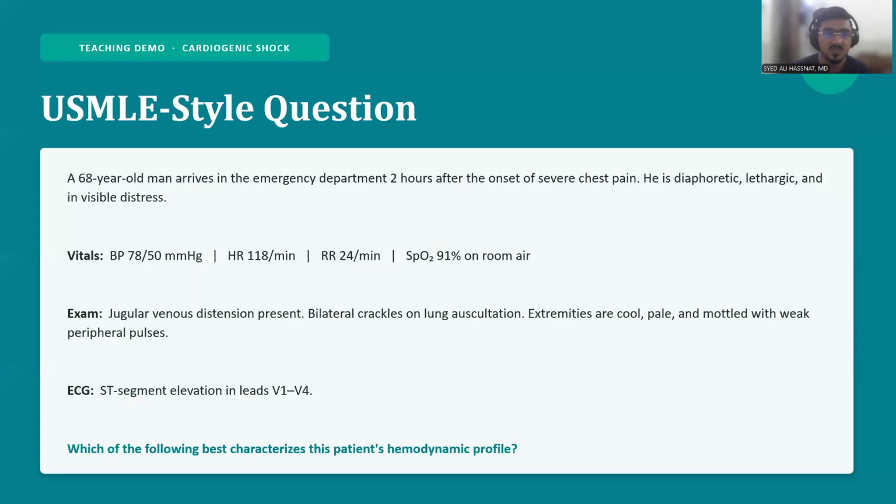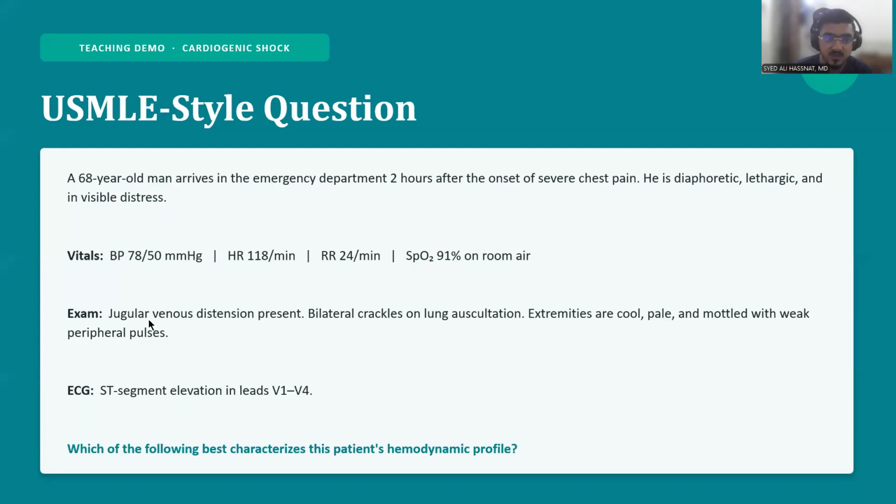A 68-year-old man arrives in the emergency department 2 hours after the onset of chest pain. He is diaphoretic, lethargic, and visibly depressed. These are the vitals: BP is low, heart rate is high, respiration is high, oxygen saturation is almost normal or below normal.